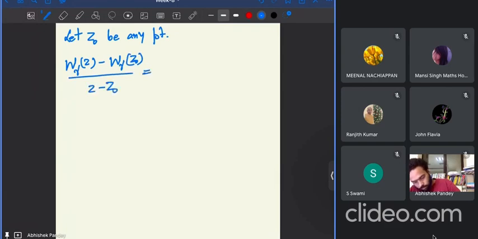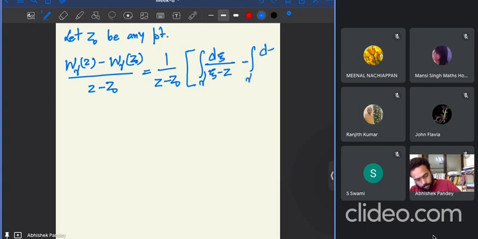Now let us calculate W gamma of z minus W gamma of z naught upon z minus z naught. So this is 1 upon z minus z naught. I will take 1 upon 2 pi i common, and we have the integral over gamma of d xi upon xi minus z minus the integral over gamma of d xi upon xi minus z naught.